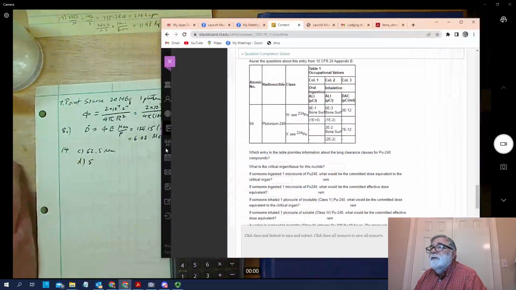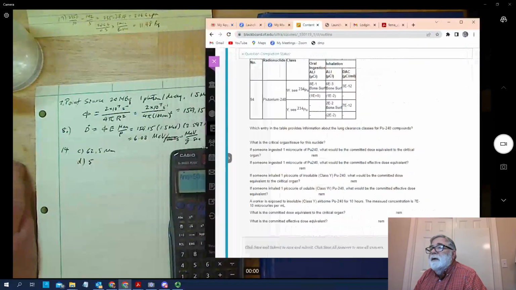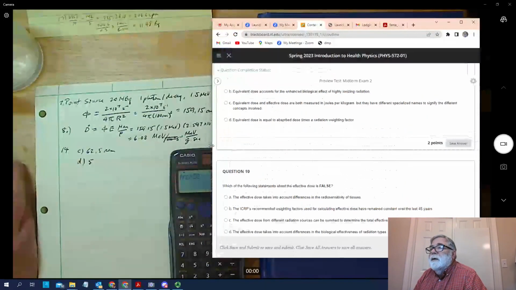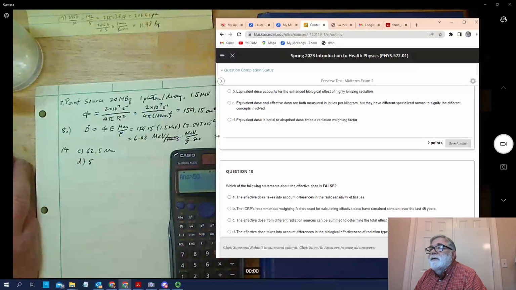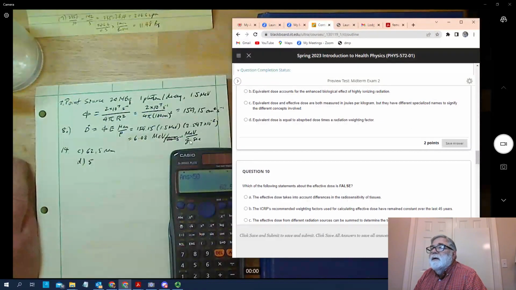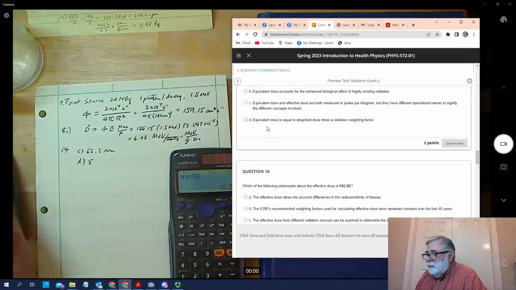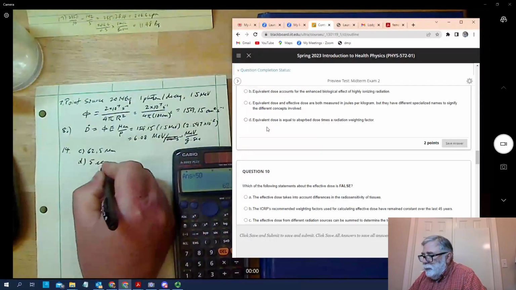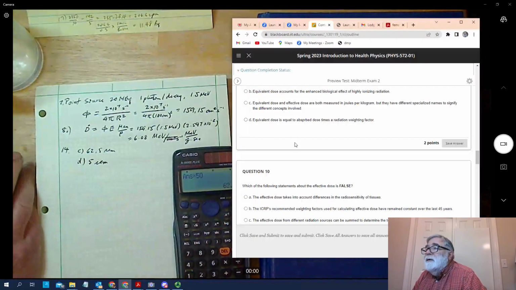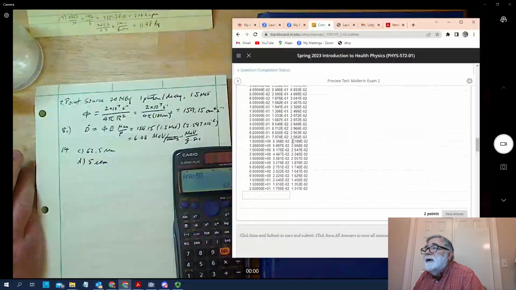I'm going to move this over so you can see my writing. Here's what I did on the problem before. I just multiplied it out, and I got 62.5. I didn't realize that I was covering it up. So those are the calculations I did before. Now, it's 5 rem for part D. If I can go back up here and find it.